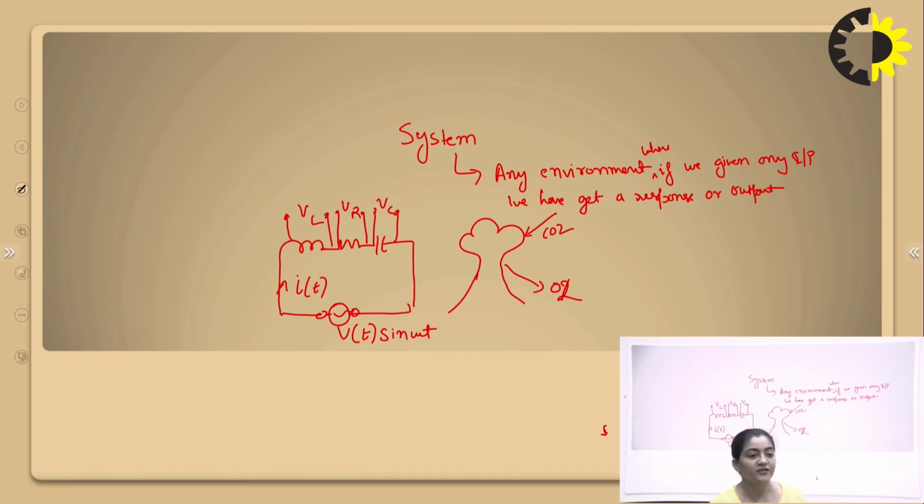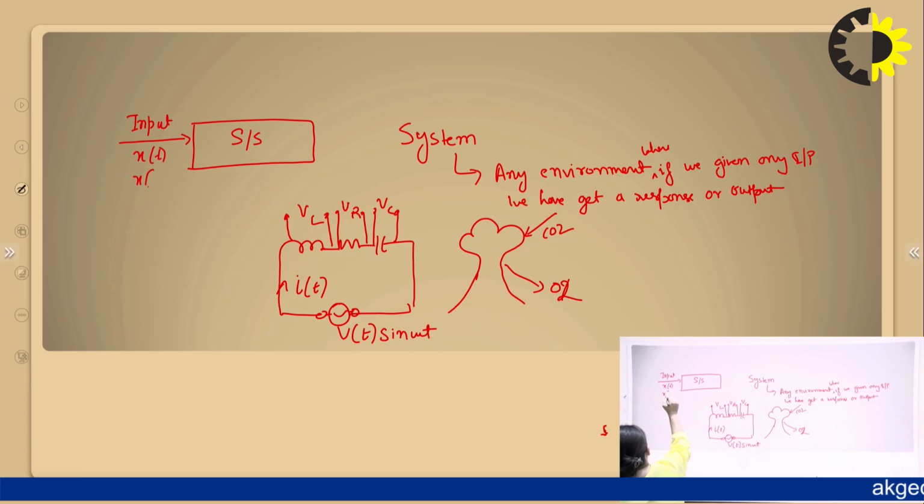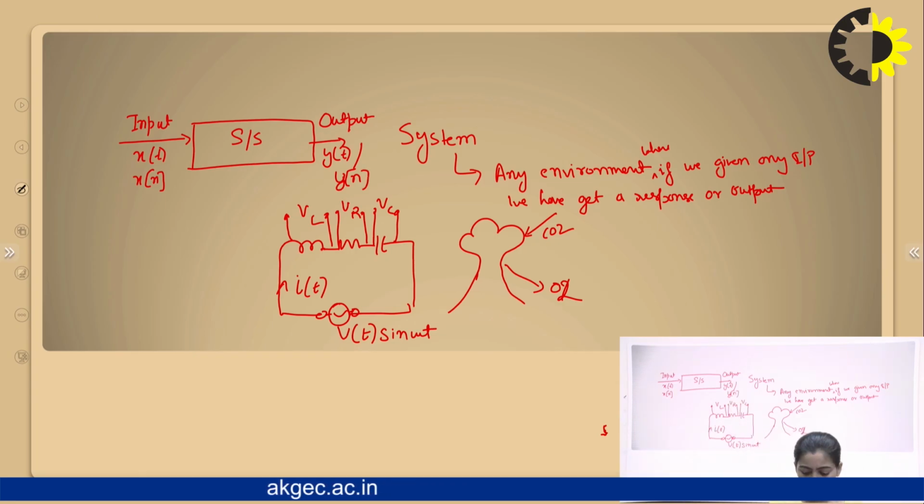So it's an electrical environment. If we draw the block diagram of a system, it is an environment in which, if we give any input, abbreviated as x(t) or x(n), we get an output, that is y(t) or y(n). So this is what we call a system.